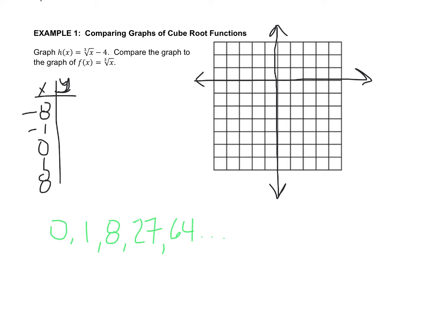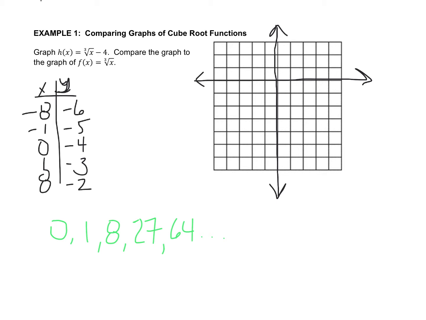When negative 8 goes in, the cube root is negative 2, and then when I subtract 4, I get negative 6. When negative 1 goes in, the cube root of negative 1 is negative 1, minus 4 is negative 5. When 0 goes in, negative 4 comes out. When 1 goes in, the cube root of 1 is 1, minus 4 is negative 3. And when 8 goes in, the cube root of 8 is 2, minus 4 is negative 2.